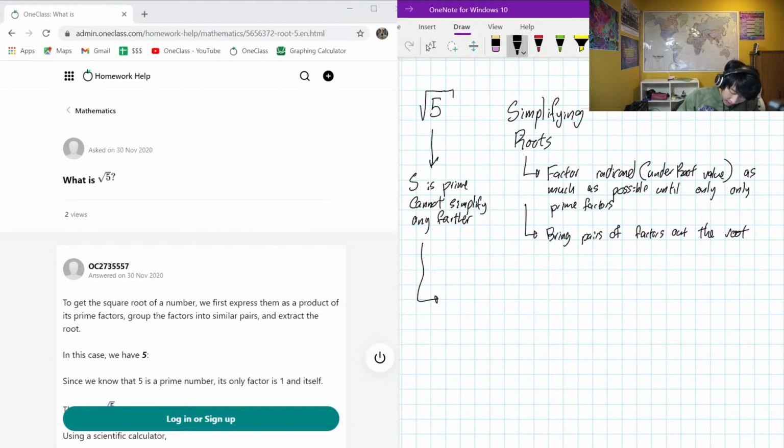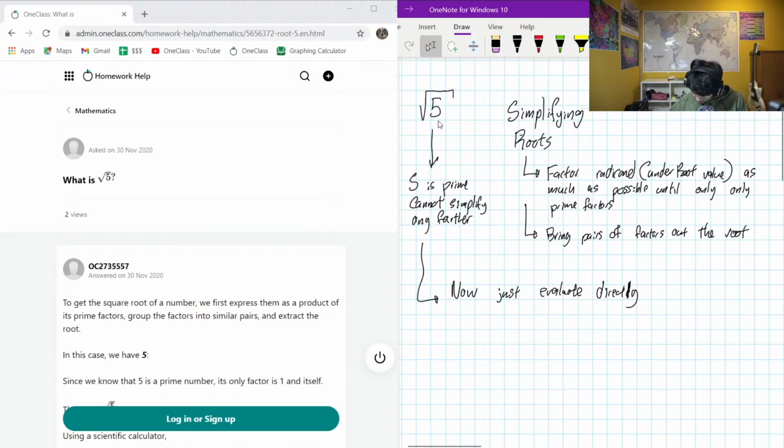So the only thing that we can be left to do is now just evaluate directly. So you would just send this through your calculator.